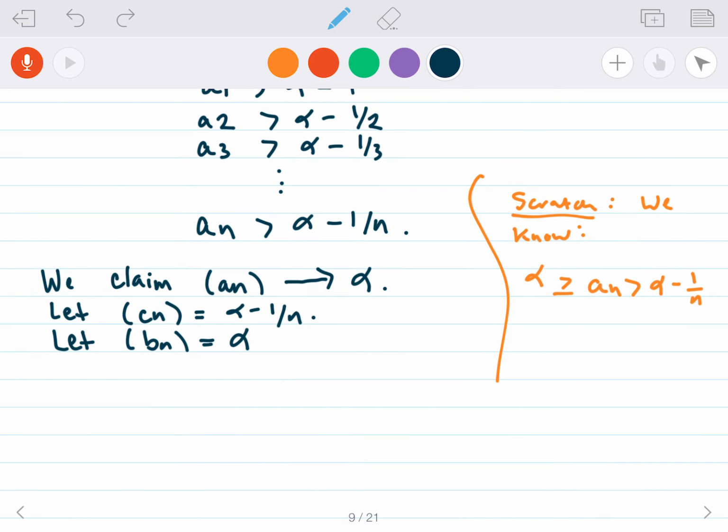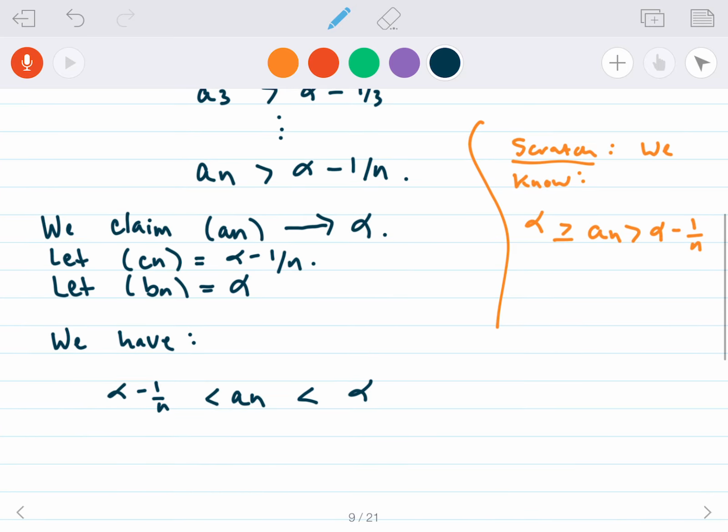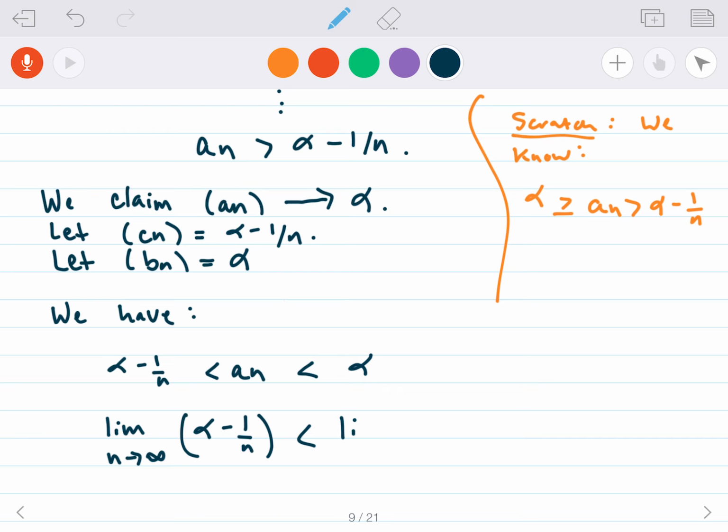So we have the following. We have that a sub n is going to be bigger than alpha minus 1 over n, and then alpha, taking the limit, I should have put this guy right here, less than or equal to.